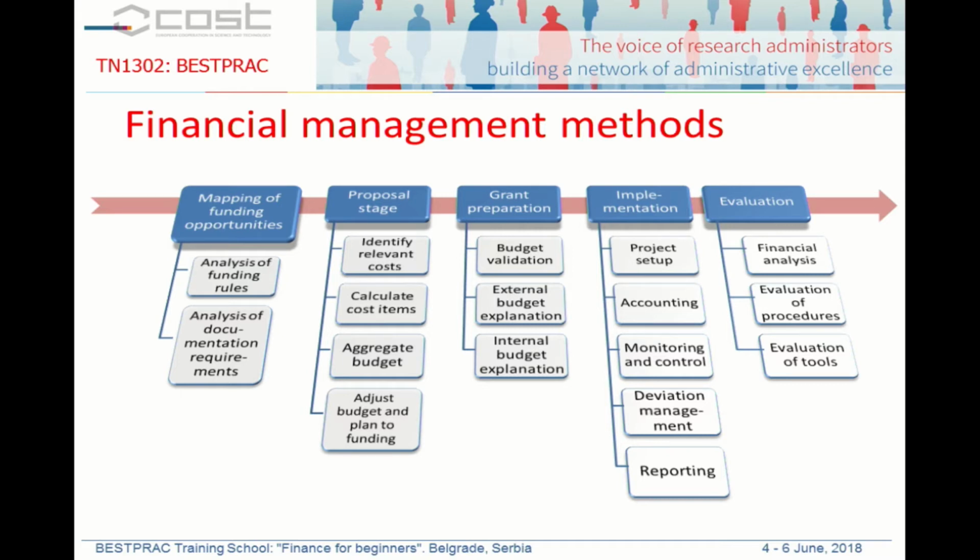But as a financial manager, what you should do then is take a look at the budget that is part of this draft grant agreement and check, okay, have I seen this budget before? Was I involved in putting together this budget in the proposal stage, or is this something I've never seen before? If it's unknown, you should recalculate the budget to make sure that this is not a problem to your organization.